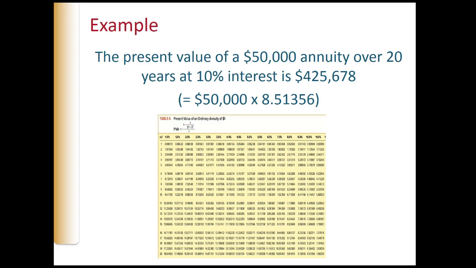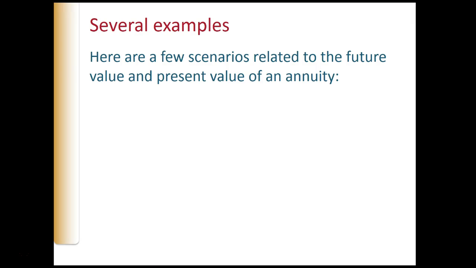So the value today of $50,000 per year for the next 20 years is actually less than $500,000, but it's still free money. Here are a couple more examples we're going to look at.